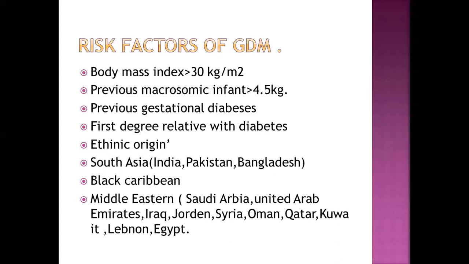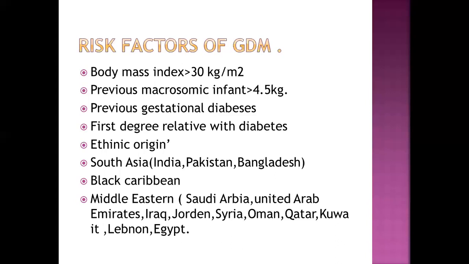For example, if there is a body mass index more than 30 kg per meter square, there is a 20 to 30% increased risk of developing GDM. If the female enters pregnancy with a body mass index more than 30, then she has a 20 to 30% chance of developing GDM.